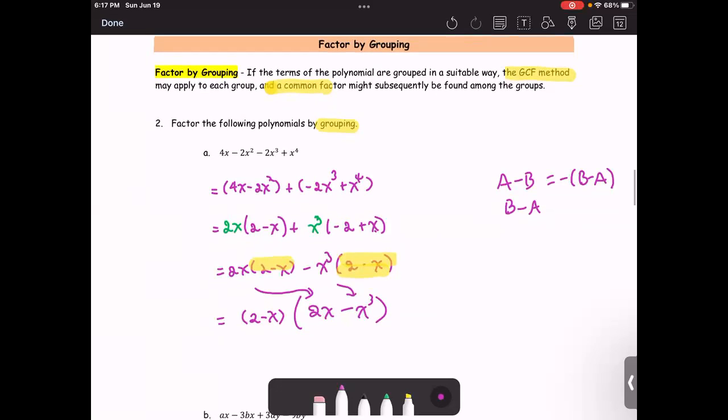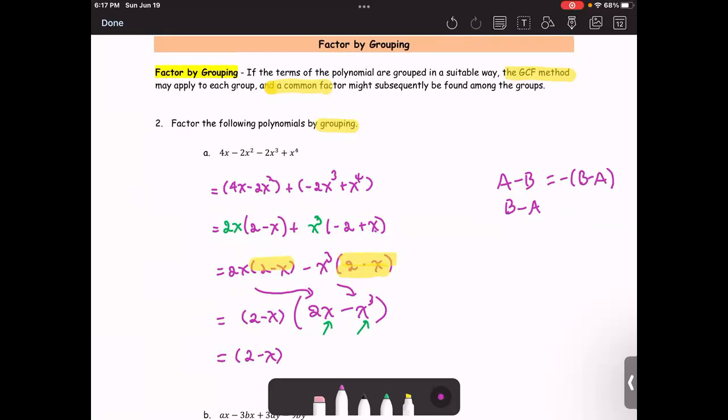But we are almost done with this problem, because we can see the common factor x that we can take out one more time. For the x to the first power and x to the third, the lowest power is the greatest common factor. So we can factor the x out of the second quantity. For 2 minus x, we have nothing to do.